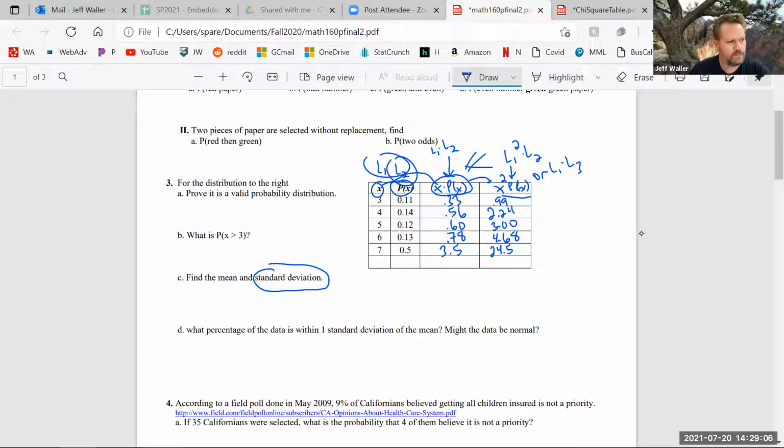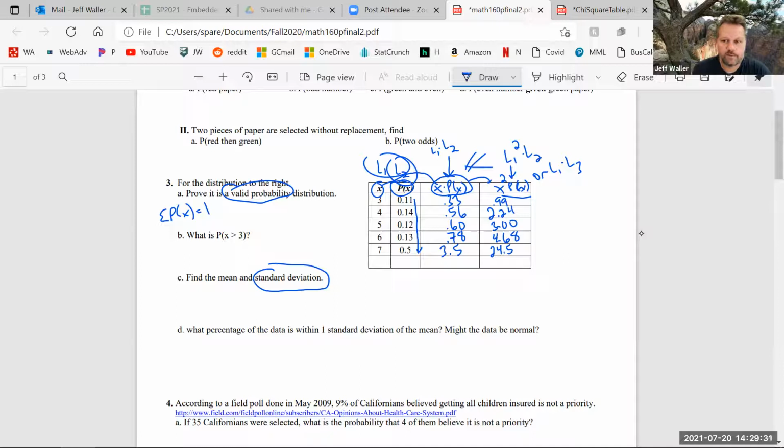How do I know it's a valid probability distribution? What do I have to check? That the sum of p of x is equal to 1? So yes, the sum of them all is 1. And sure enough, if you do check, it is 1. Of course, would it be okay if it was 1.0003? Yes.